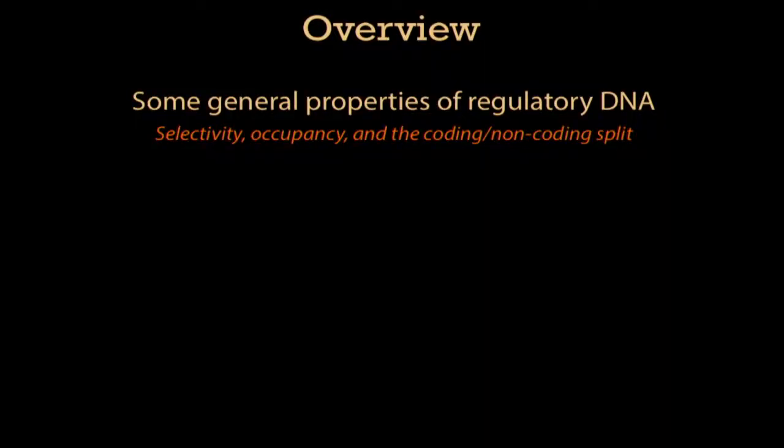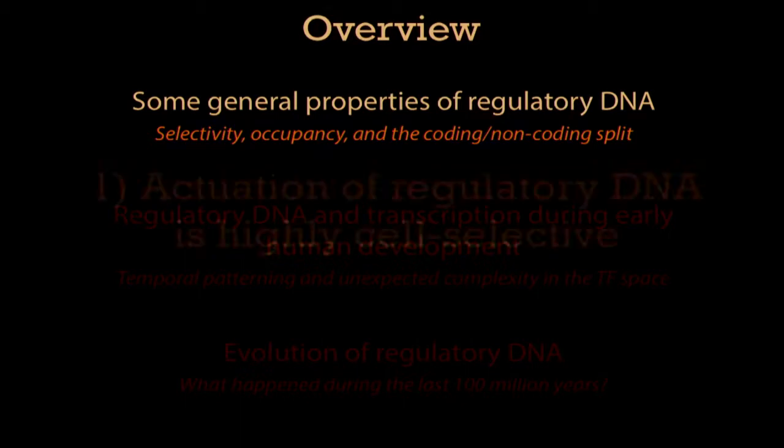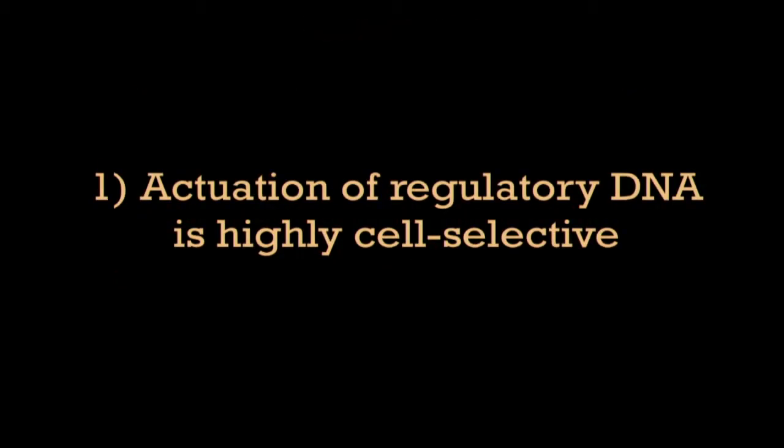So I've painted some very general things, and what I want to do now is turn to some general biological properties of the regulatory DNA compartment that we've come to recognize. The first one, which I would call probably the cardinal property of regulatory DNA, is that the actuation of these elements is extremely cell type selective.